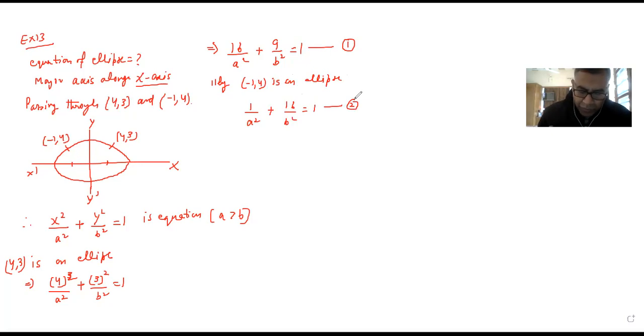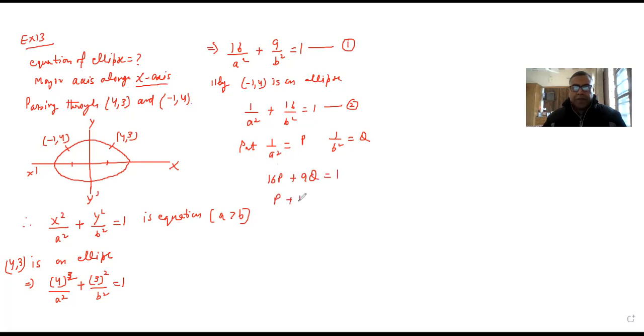Now solve these two equations for the values of a and b to get the answer. How? Put 1 over a square equal to p and 1 over b square equal to q. So 16p plus 9q is equal to 1, and p plus 16q is equal to 1.